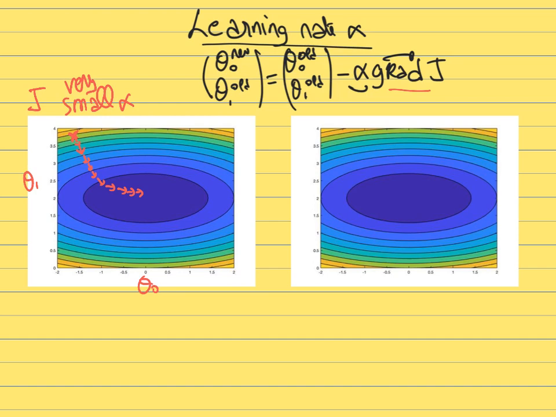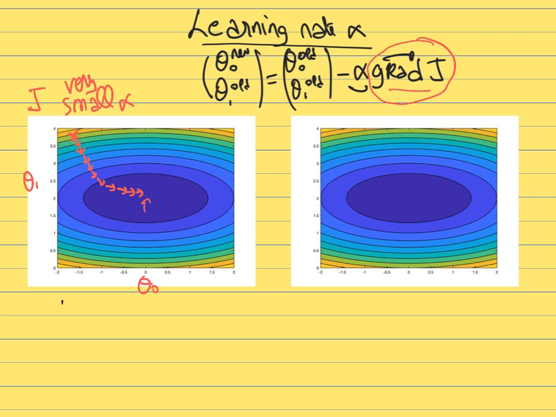They are going to be even smaller as you get close to the minimum, because the gradient becomes smaller and smaller. At the minimum, the gradient would be exactly 0. When you are at the minimum of the function, its derivative is 0, so its gradient is going to be 0, which means that it's going to take a very long time for you to find the minimum of the cost function.